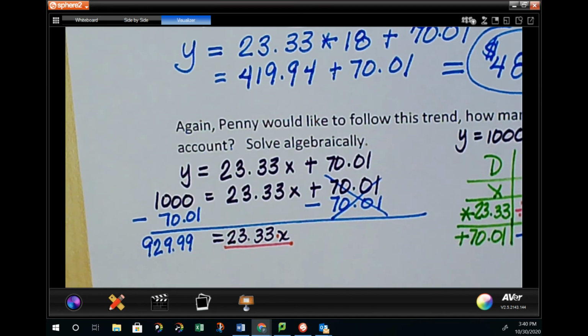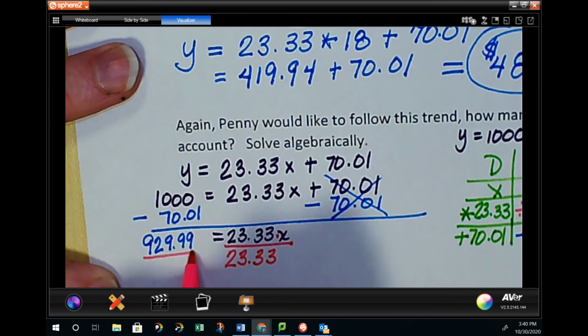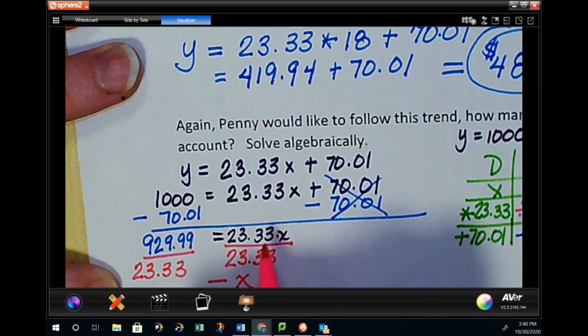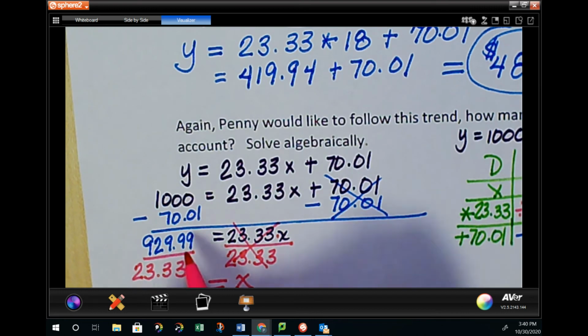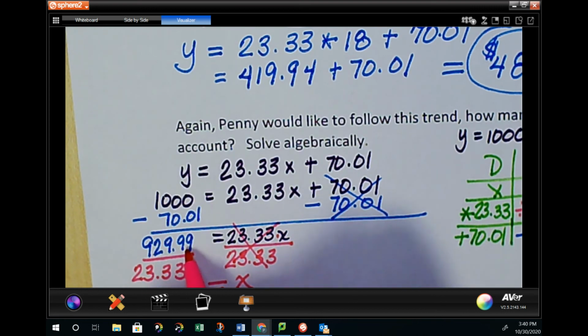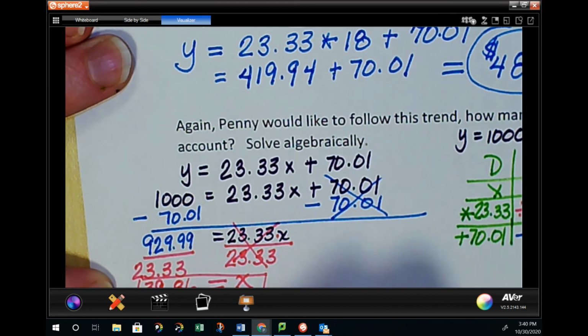The fraction bar means divide, so you divide both sides by 23.33. Then 23.33 divided by 23.33 cancels out, leaving just x. And 929.99 divided by 23.33 is about 39.86, so x is about 39.86.